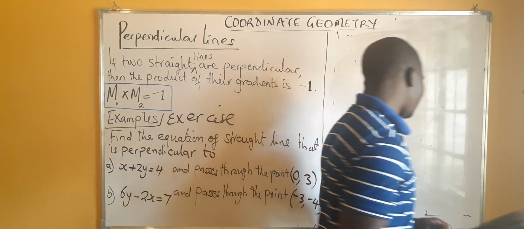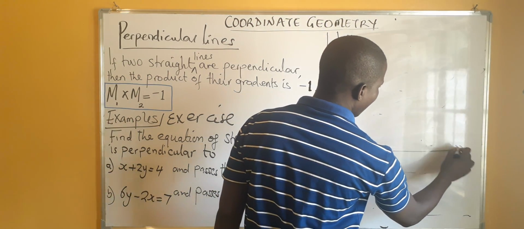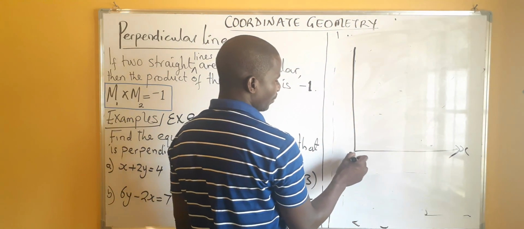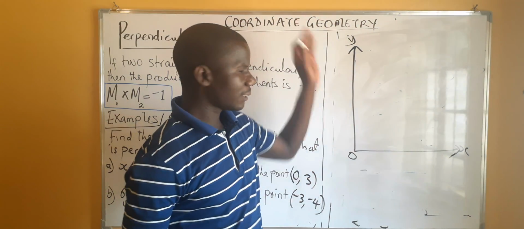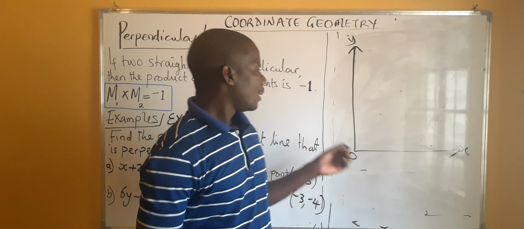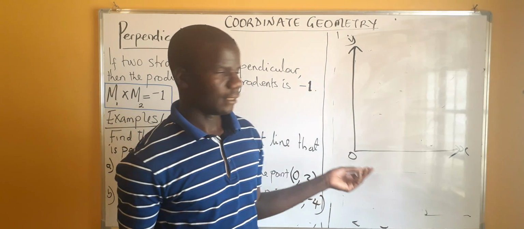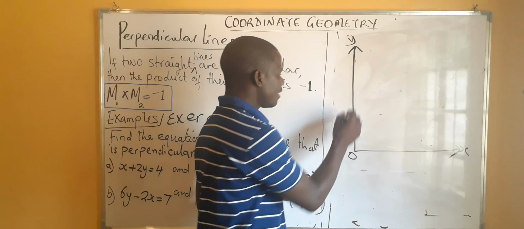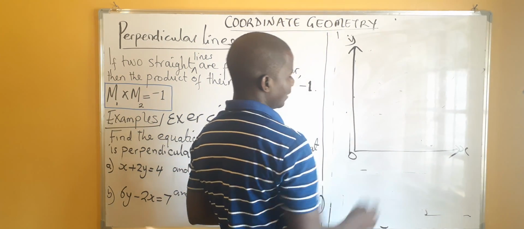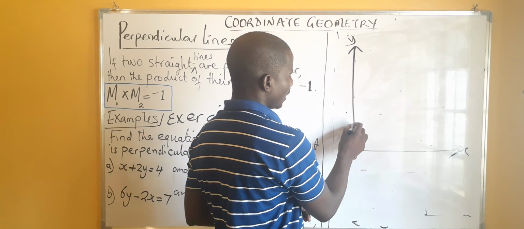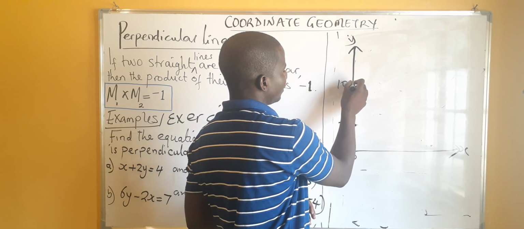Please take note that we have the x-axis, and we have the origin, which is 0,0. We have the y-axis. If you are talking about the equation cutting the y-axis at a point, you have to know that whatever point is along this line, it's 0, whatever number here. If we are talking about this one here, this is 0,2. If you've got 10 here, this is 0,10.